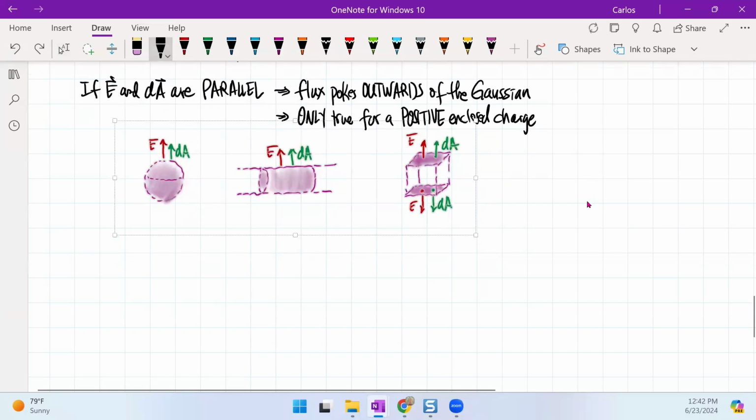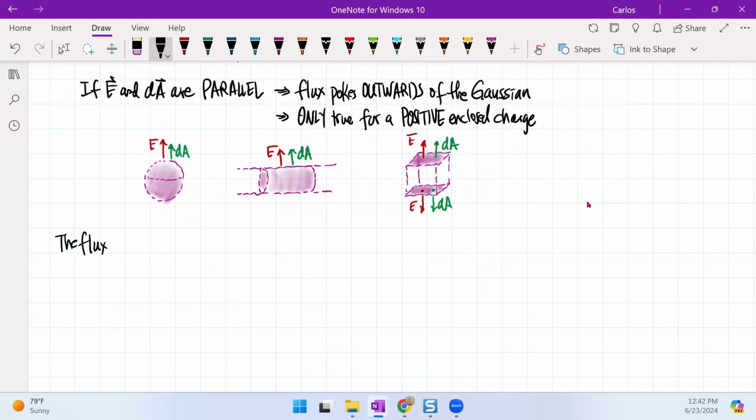The flux is cosine of theta, but in this case it's 0, times E of R times A of the Gaussian.